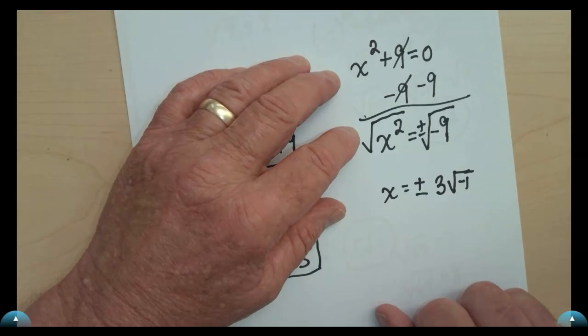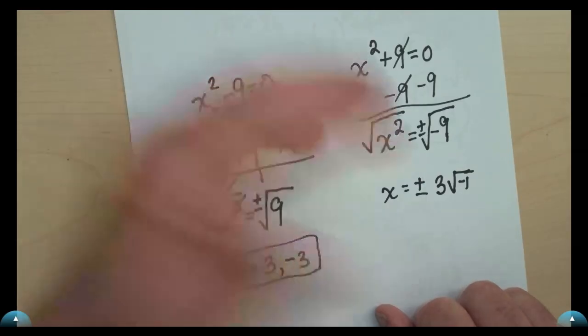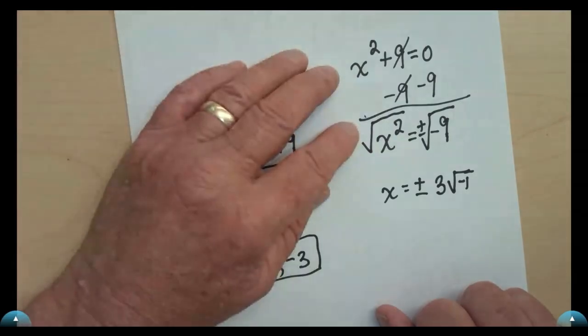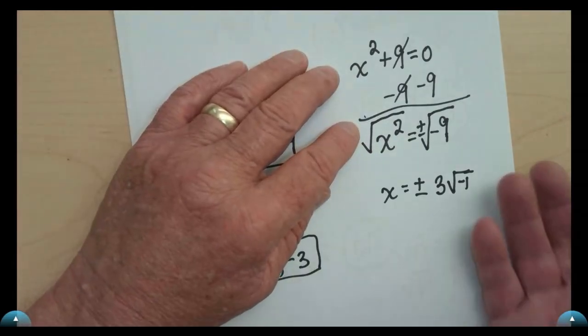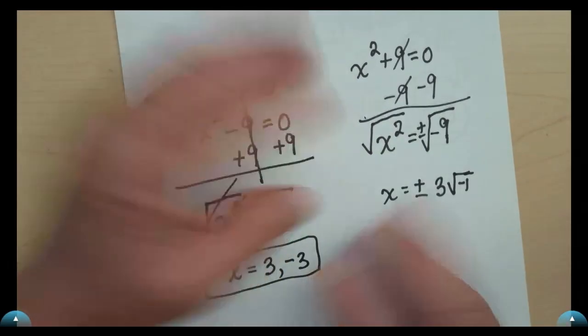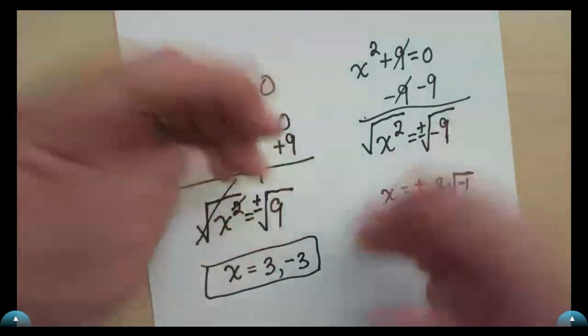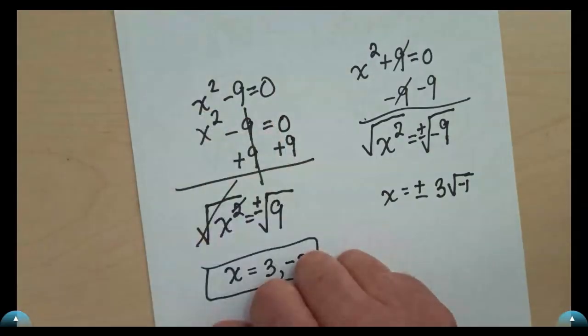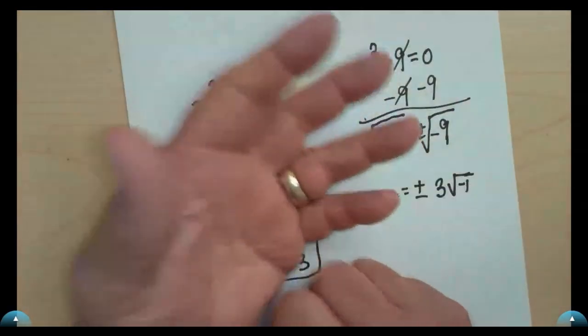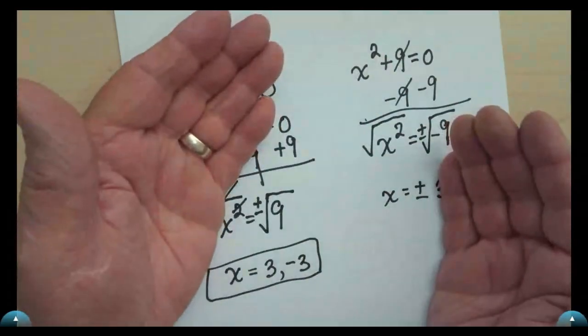Like 2, it might be a symbol that represents the cows in my pasture, or it might represent the shoes on my feet, or it might represent the hands at the end of my arms. It might represent the students on the back row in the Greenville classroom, but it's not a real thing. It's not real. We call real numbers real because we use them to quantify collections of real sets of objects, right?